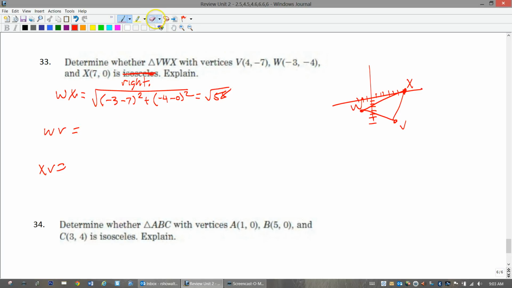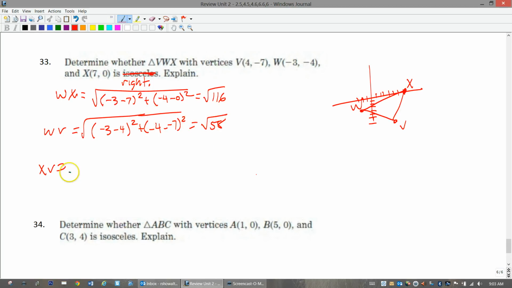Oops, sorry, I did that math wrong real fast. WX is going to be the square root of 116. Now let's look at WV. We can take -3 minus 4 all squared plus -4 minus -7 all squared, and when we calculate that, we get the square root of 58.